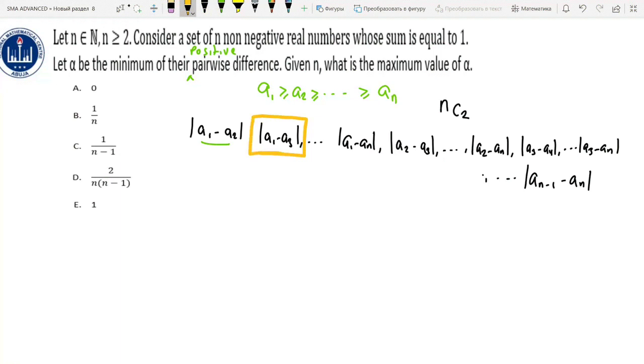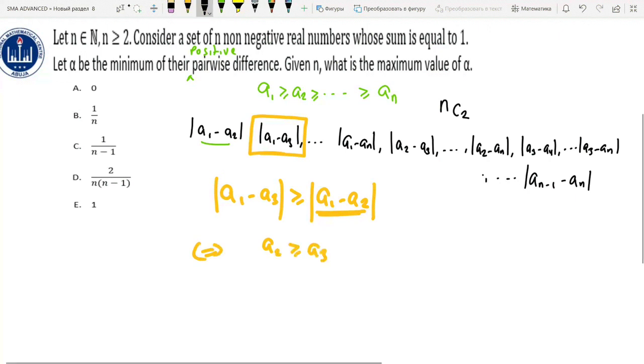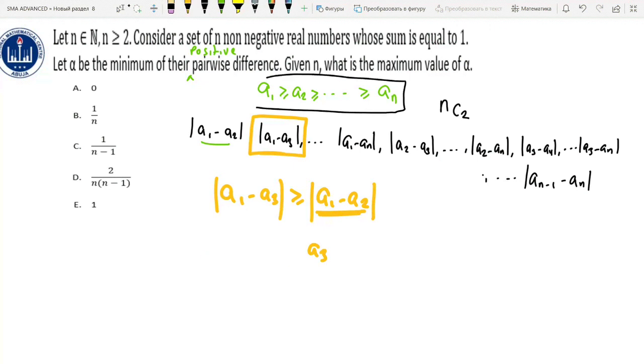Because we have that A1 minus A3 is greater than or equal to A1 minus A2. They are all positive. This is true because A2 is greater than or equal to A3, and we set the conditions of the variables like this. So this inequality is true, based on the way we arrange our variables.